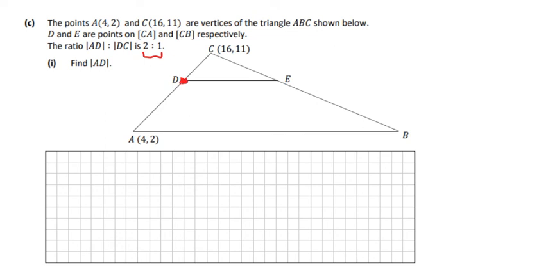What you can do though is just look at the difference between them. So if you look from here, we're going from 4, 2 all the way up here to 16, 11, and you're cutting them in the ratio of 2 is to 1.